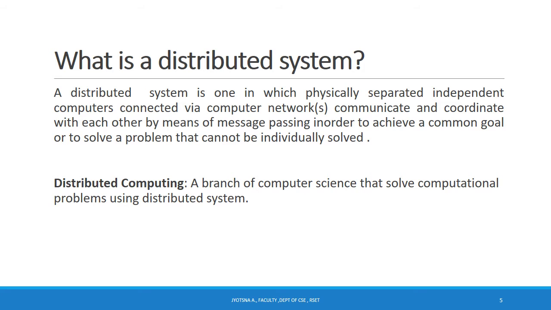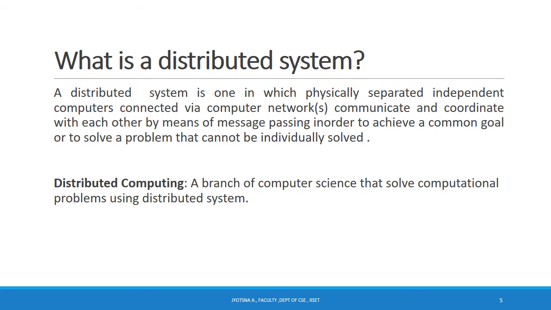That means the physically separated, spatially separated, geographically dispersed computers are connected through computer networks. And these computers are able to communicate and coordinate their activities by means of message passing. Message passing, you know, by means of internet protocols or through TCP/IP networks, right? That you know.